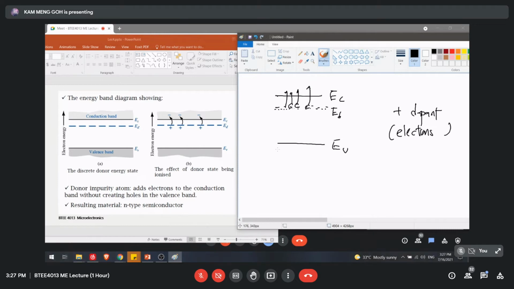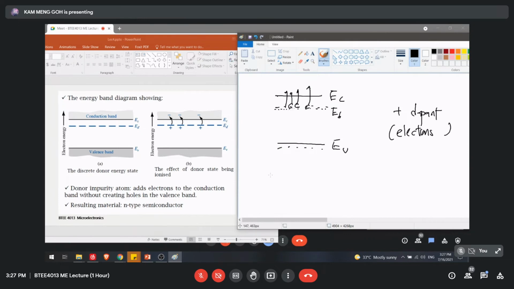Originally the electron is here, but somehow you add the extra electron here, which means that right now you are going to have more electrons than holes. Last time we mentioned that when you create one electron here, you will create one hole here. But you are adding the extra electron without creating the extra hole.